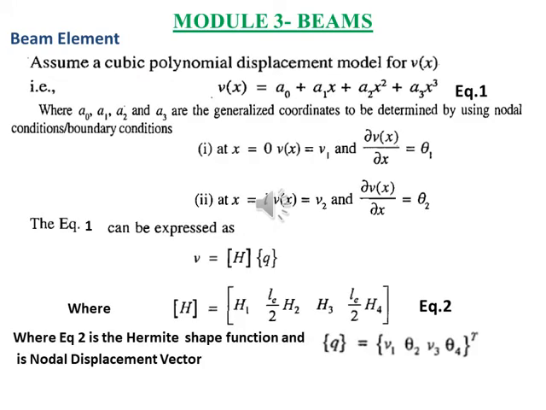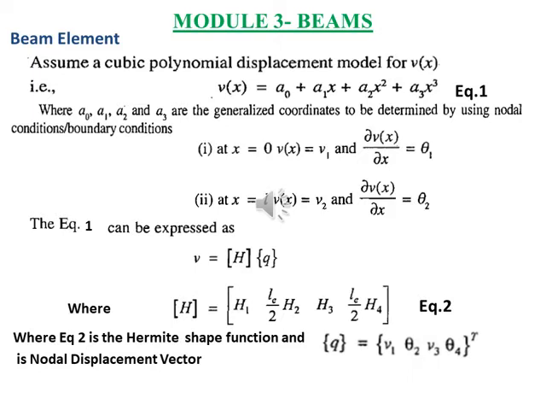Let us assume a cubic polynomial displacement model for u(x). So u(x), a function of x, will be equal to a0 plus a1x plus a2x squared plus a3x cubed. This is a cubic polynomial displacement function.